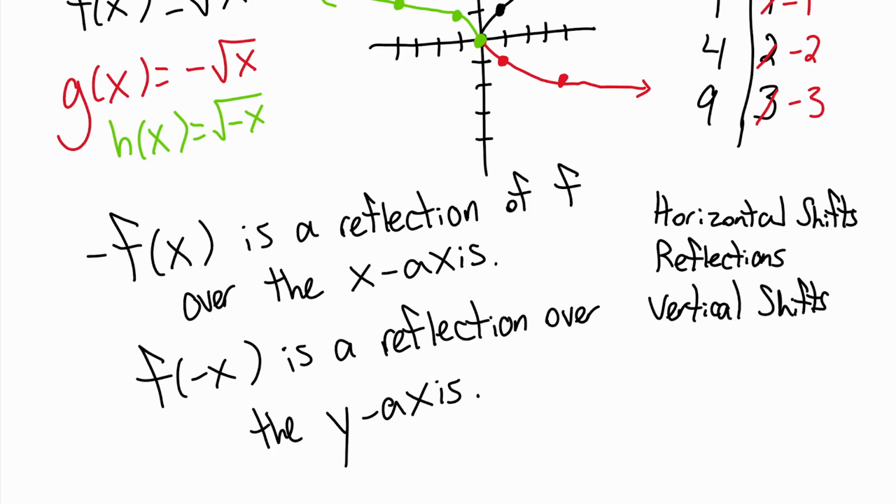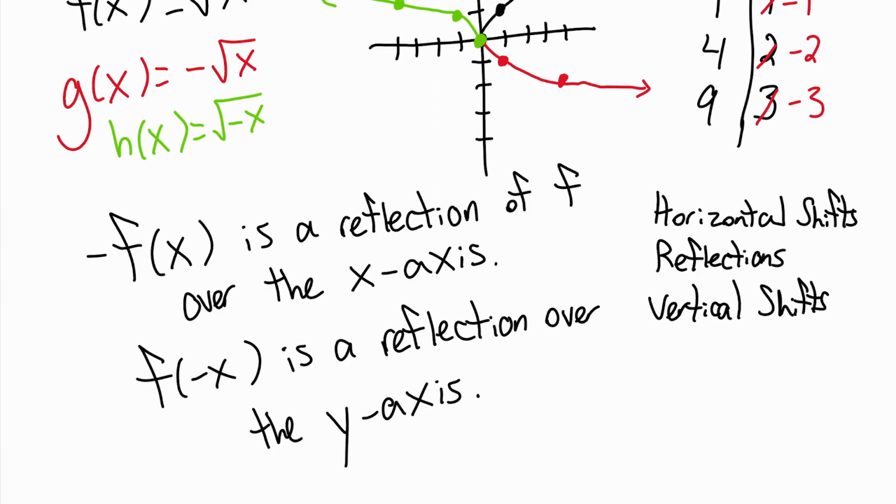Because if you tried it out with just the horizontal and the vertical shifts, like if you shifted vertically first and then horizontal, you would have seen that they were the same thing. But in this case, when we're adding in reflections and later when we're adding in stretching and compressing the graphs, the ultimate overall order will matter. We will need to do the horizontal shifts first, then the reflections, then the vertical shifts.